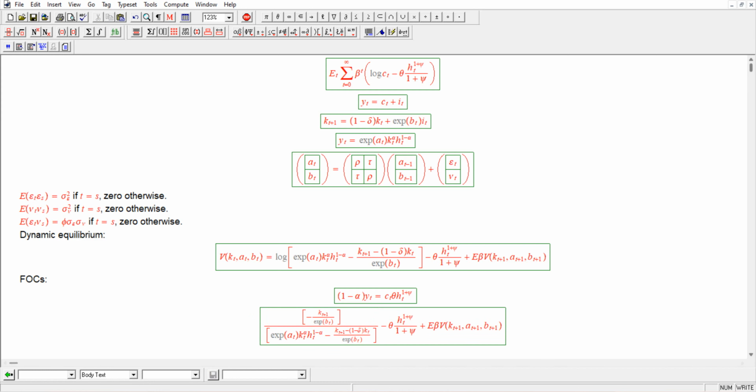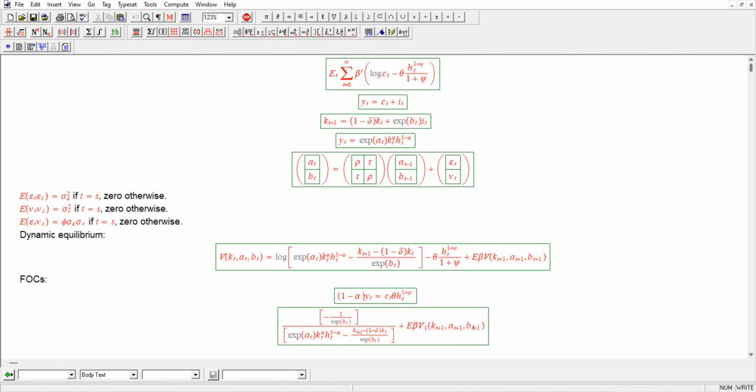And so, of course, the derivative of this with respect to K t plus 1 is minus 1 over the exponent of b. This doesn't have K t plus 1. And here we just use the first derivative of v.